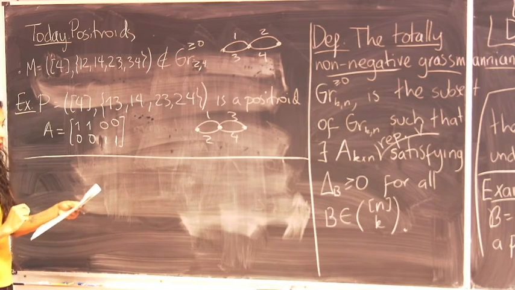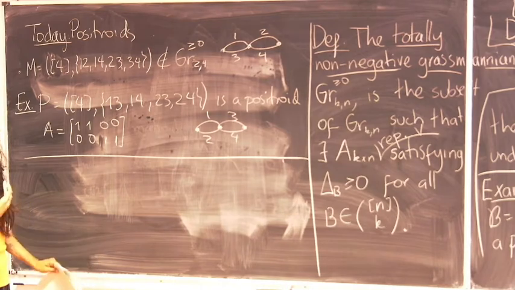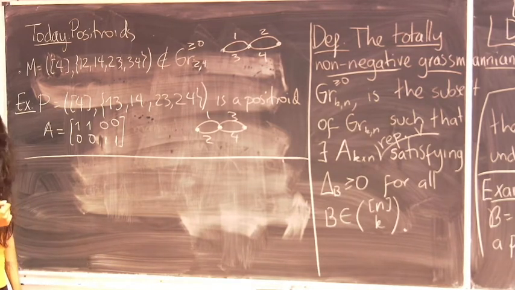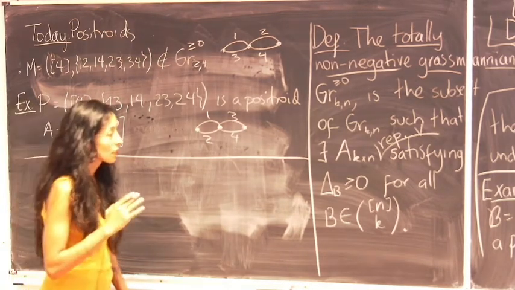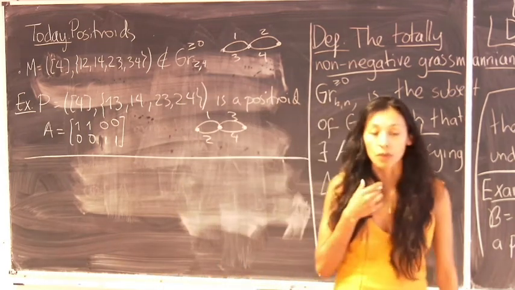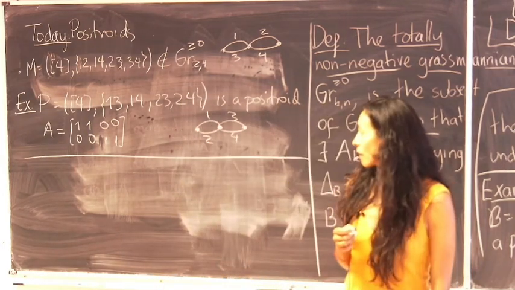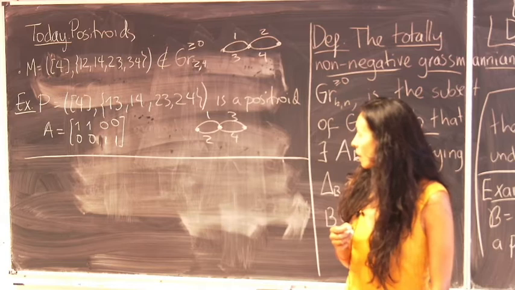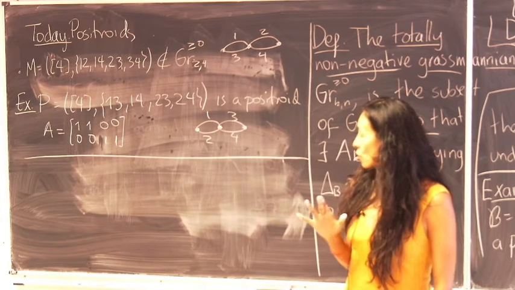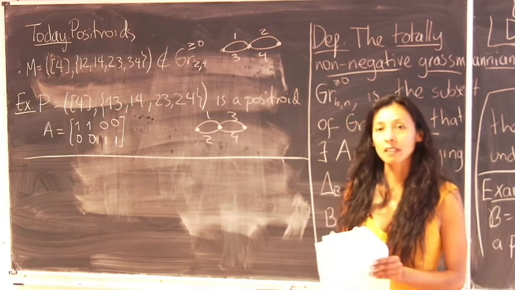Okay, so now I want to give you a couple of combinatorial gadgets that are very useful to me. They have been very useful to work with positroids, and you will see them more in context in the second part of the lecture.